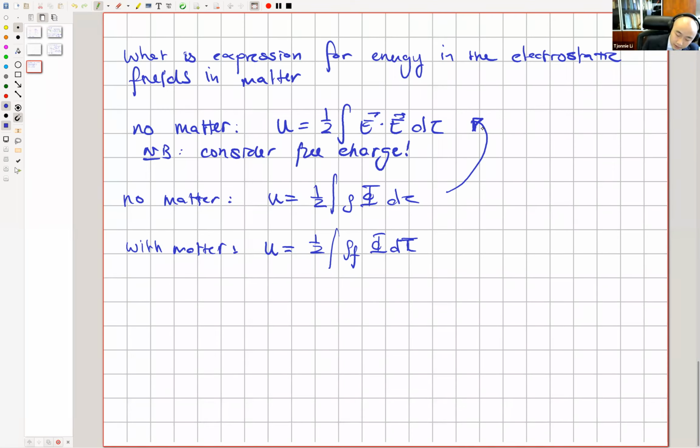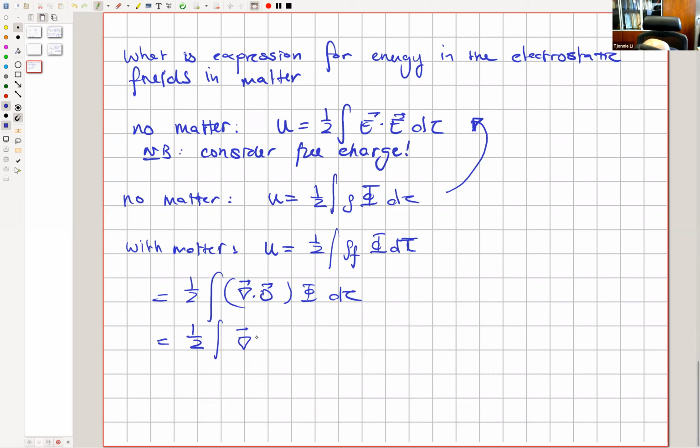Let's take a look at how to get to the equivalent expression of this. If I have E dot E, here our first identification is that the free charge density is just the divergence of D, and I have phi like this. Then I make a slight trick.